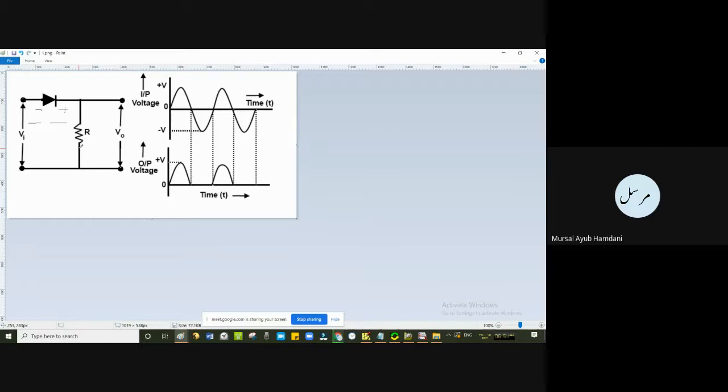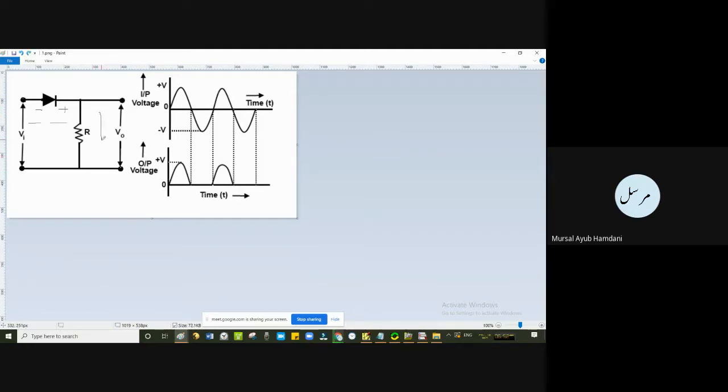Remember that in the forward bias, I simply showed a short circuit, though sometimes 0.7 volts is also shown, but here we are simplifying things. In the reverse bias it will be a simple open circuit. So there is no connection between the input and the output, and the output, through a resistance, will go to 0.